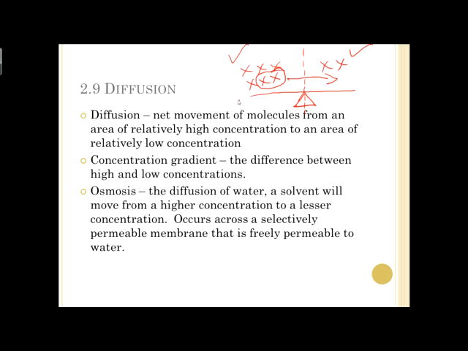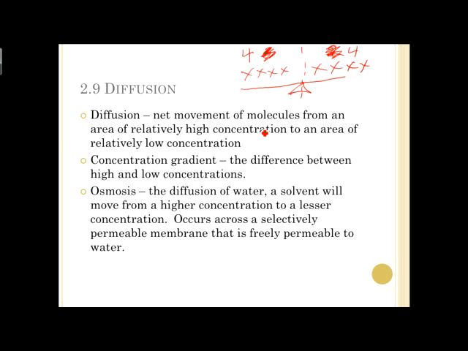So after diffusion occurs, I will be balanced on both sides. Before we started this movement, there were 6 over here and 2 over here. After the movement, all the body is trying to do is maintain homeostasis or balance. This is diffusion, the movement from an area of higher concentration to an area of lower concentration.